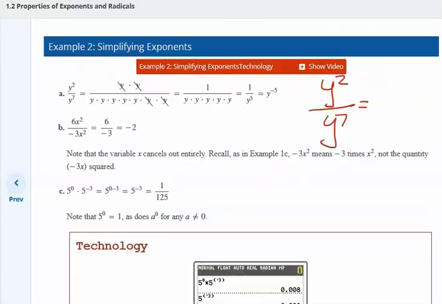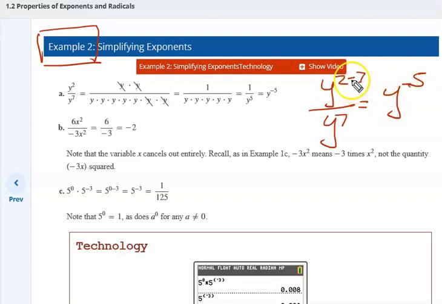All right, now we do example 2, there's our basic example. Two things can happen. If we want everything in the numerator, we bring up the 7, and that becomes a negative 7. So we end up with y to the negative 5th.